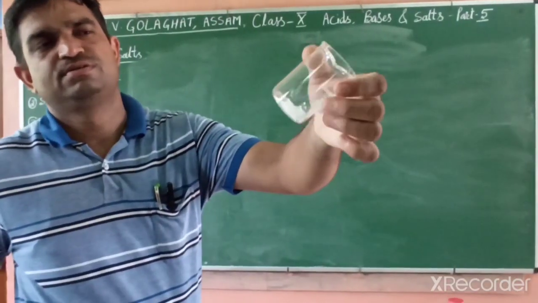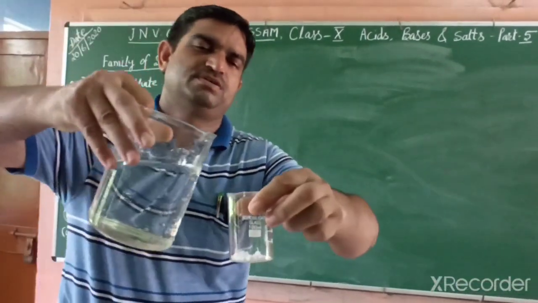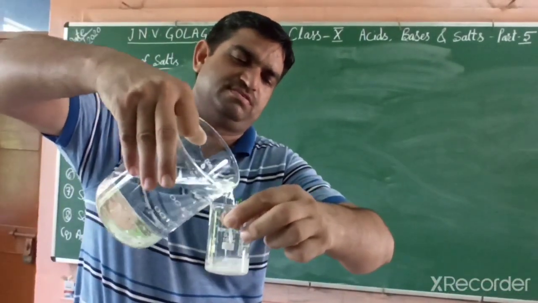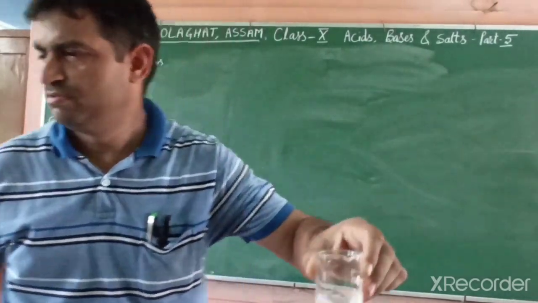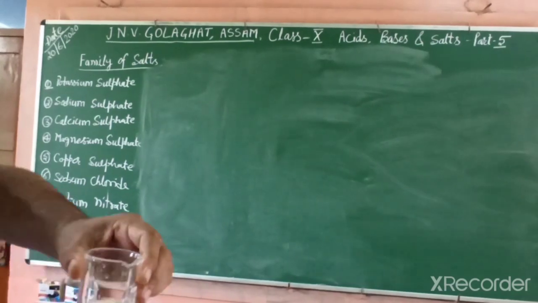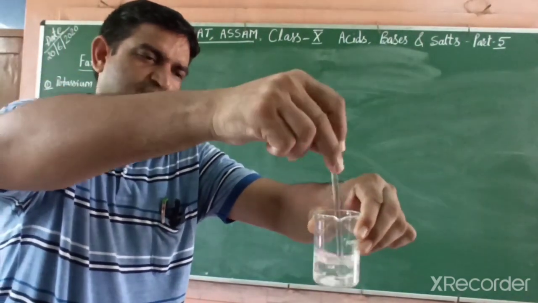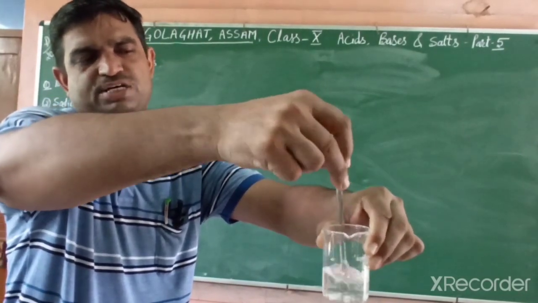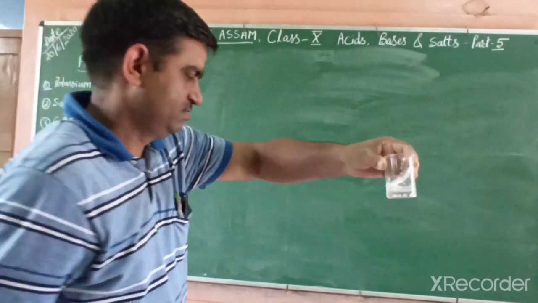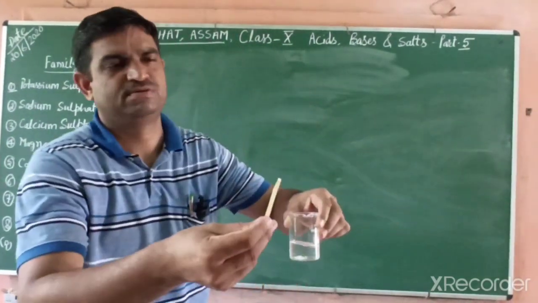Next is ammonium chloride, that is a sublime salt, and we dissolve it in water by glass rod, and we want to check its pH by using pH paper.